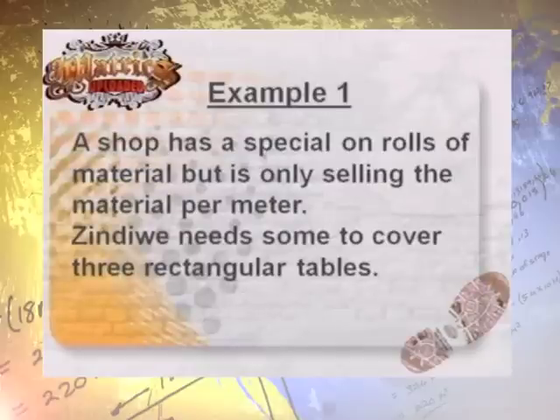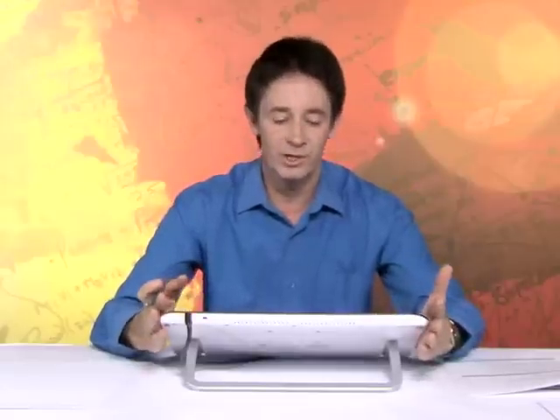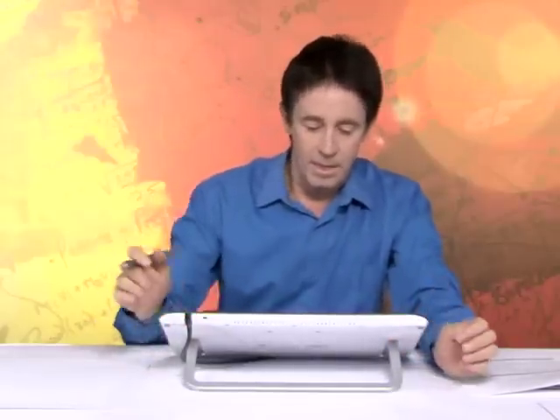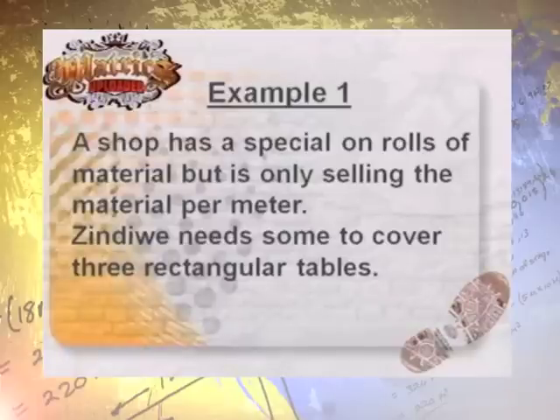Now, let's apply this to a real-world situation. Have a look at this example. A shop has a special on rolls of material, but is only selling the material per meter. Zindiwe needs some to cover 3 rectangular tables.